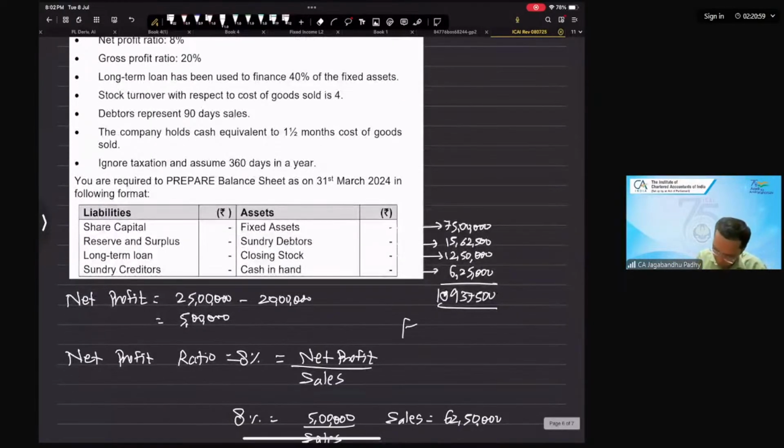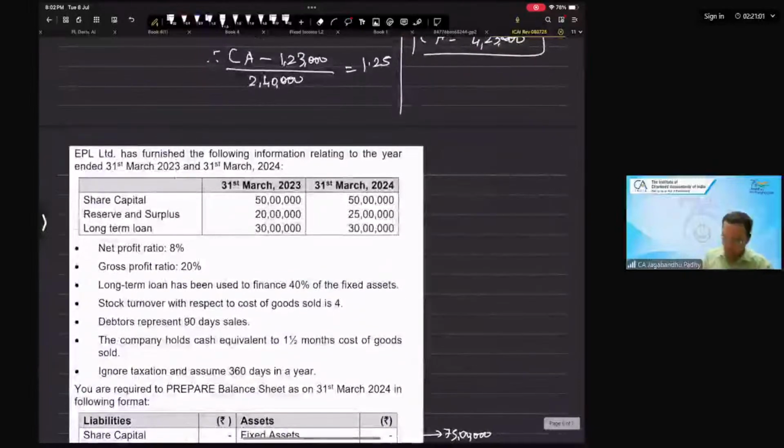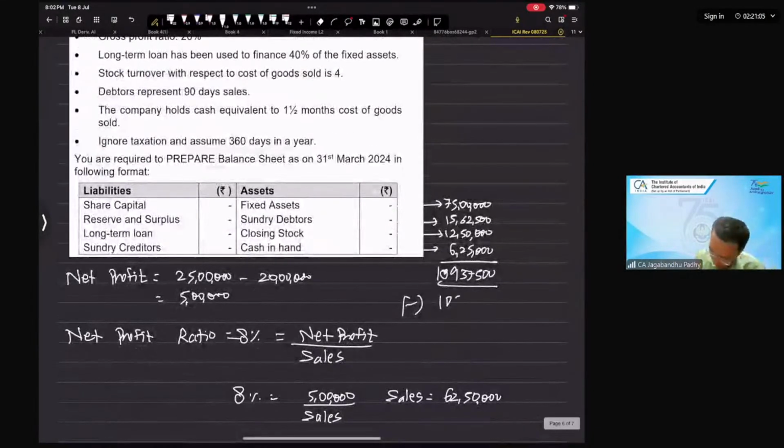So from this we will subtract, total is what, 50 plus 30 is 80 and then 105, 1 crore 5 lakhs.